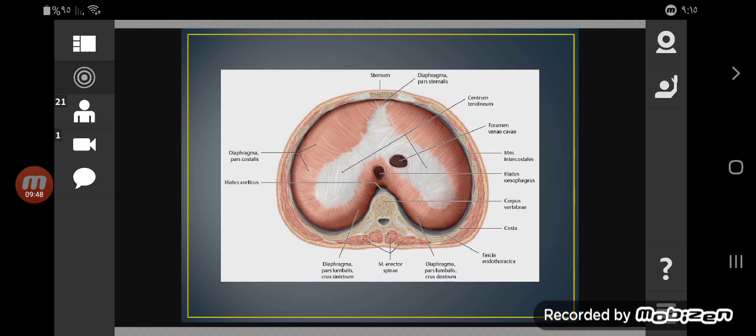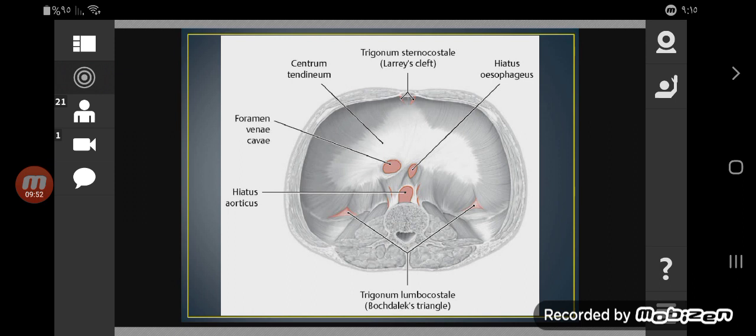In the diaphragm, we have the lumbar, costal, and sternal attachments. The openings consist of the foramen for the inferior vena cava, the foramen for the esophagus, and the foramen for the aorta. The thoracic aorta passes through this foramen and becomes the abdominal aorta.